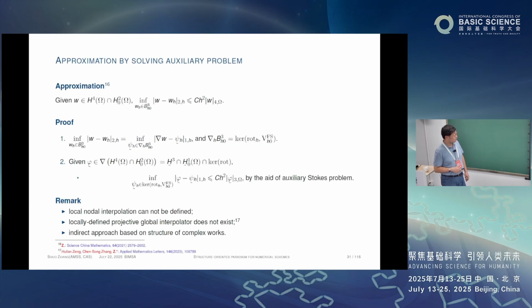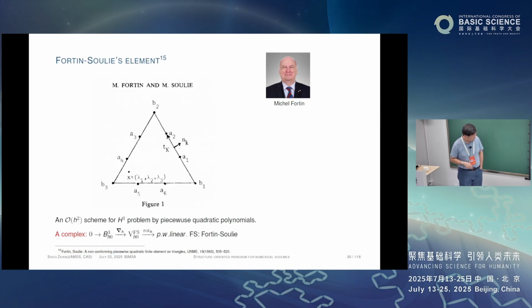Then the approximation is proved, and the convergence rate can be proved. That is to say, we can use this complex structure to transfer the structure of this space to the structure of the kernel of rot, and to analyze and simplify the problem.